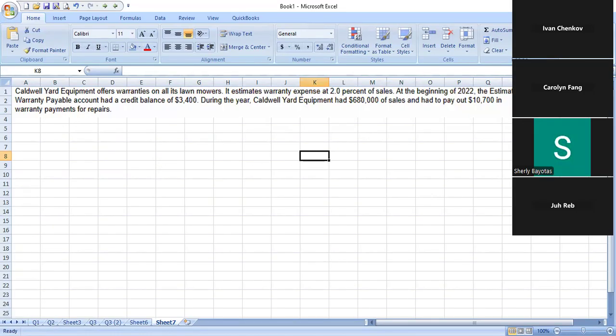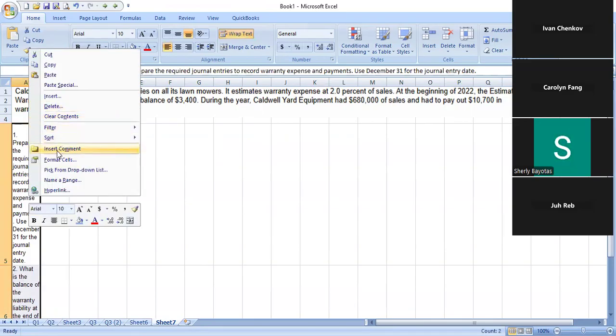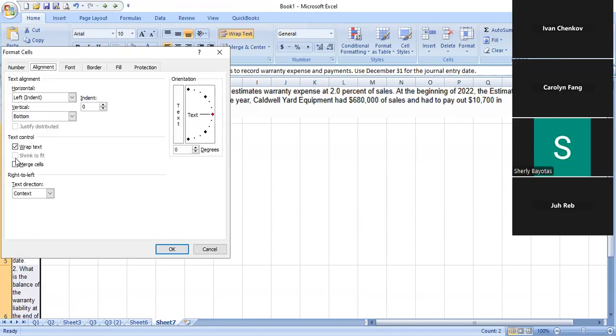So there are additional requirements for this question. Just a second, I'm going to show you the requirement. Let's do some changes here. Format cells.